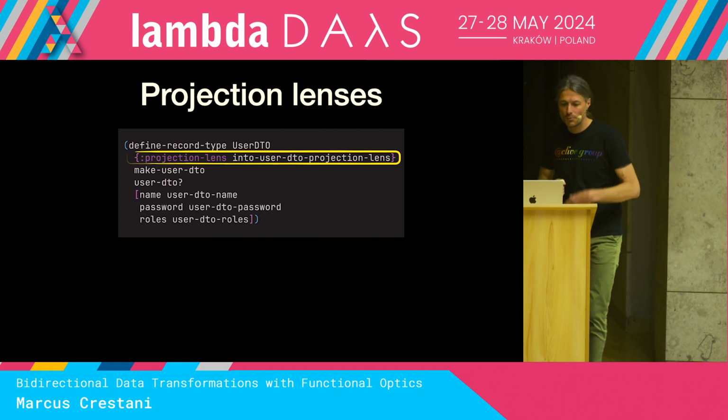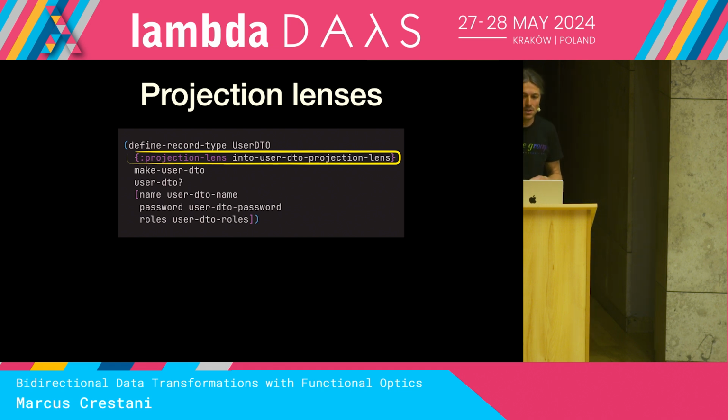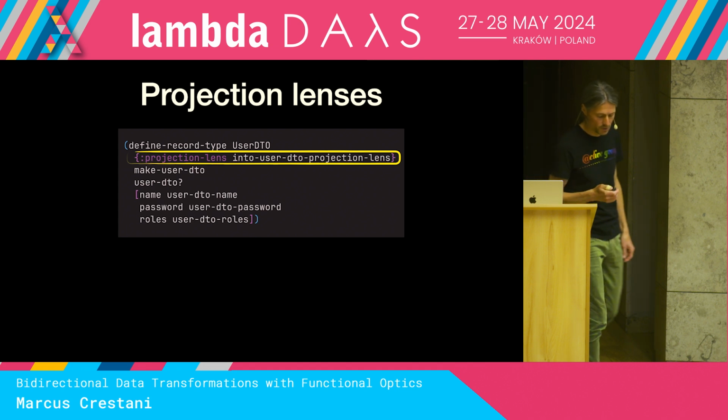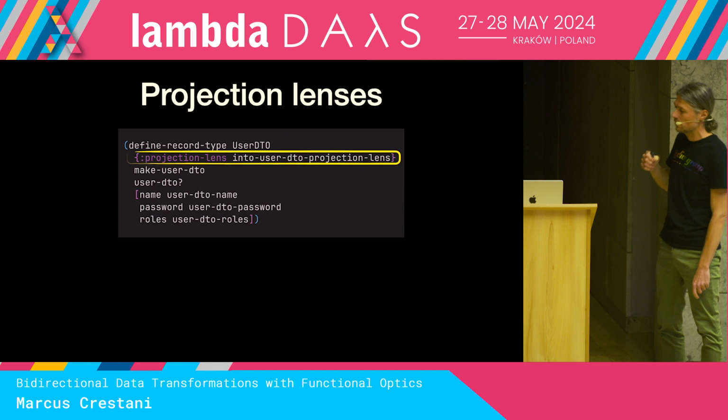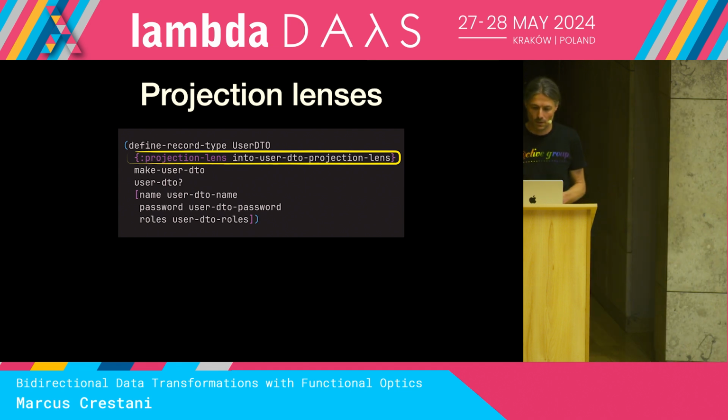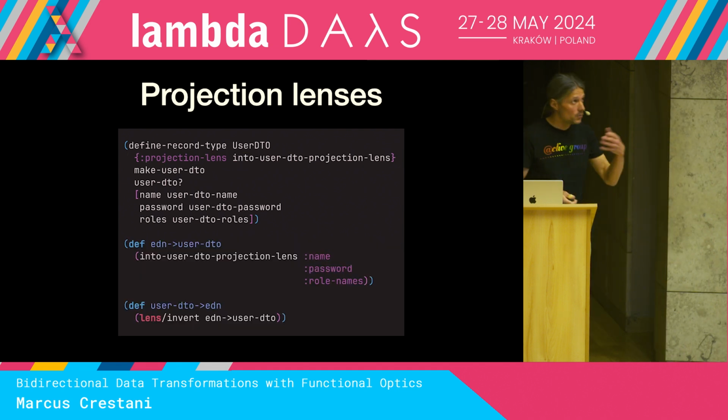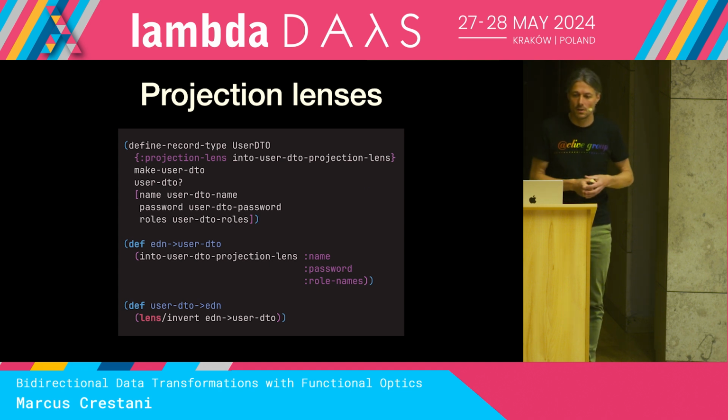So here we specify that our record definitions for user DTOs should also yield a projection lens, and the projection lens will be called into user DTO projection lens. And using such a projection lens makes it easy to define the bidirectional transformation.